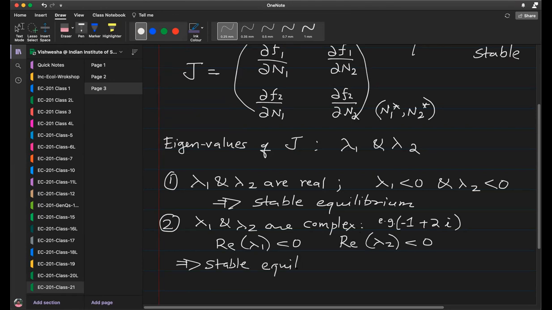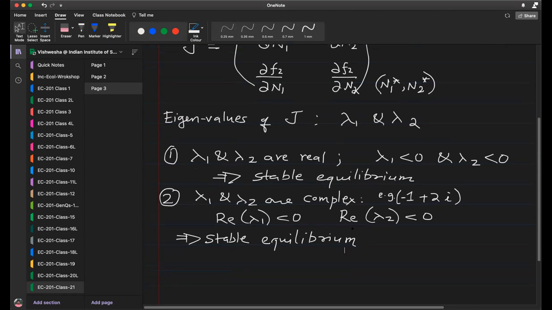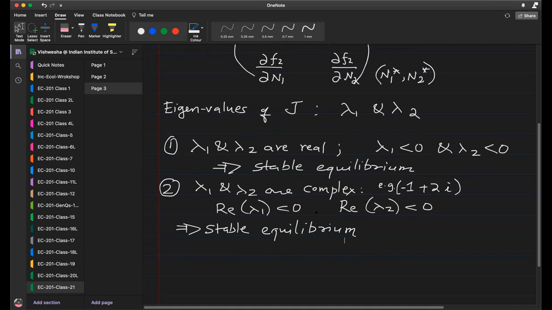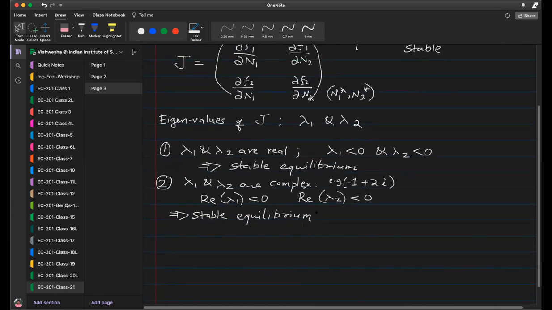Now, you might ask, what is the difference between the stable equilibrium of case 1 and case 2? Can anybody guess? These two will have spirals. Exactly. So case 1 will look like this. Okay, this is N and P, hypothetically. Let's say this is the equilibrium.